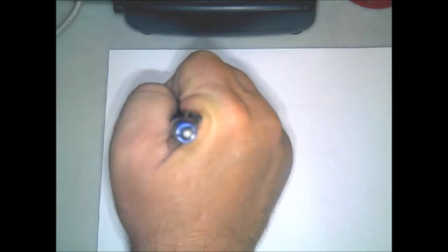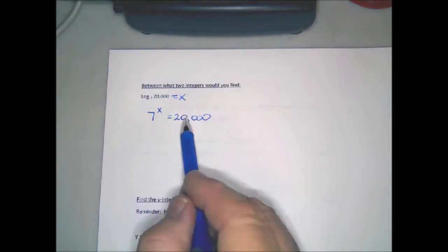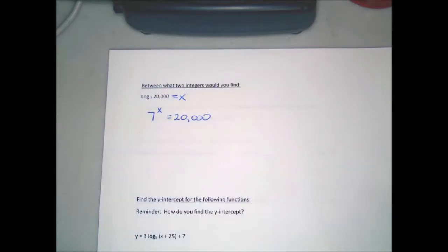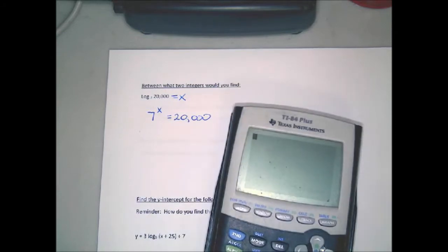So 7 raised to some power equals 2,000. Now, I'll tell you right now, there is no perfect whole number power that takes 7 up to the number 2,000. So we have to do a little guess and check with your calculator. Just have your calculator handy and start playing around with the powers of 7.